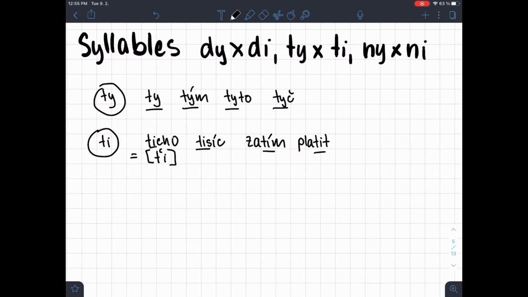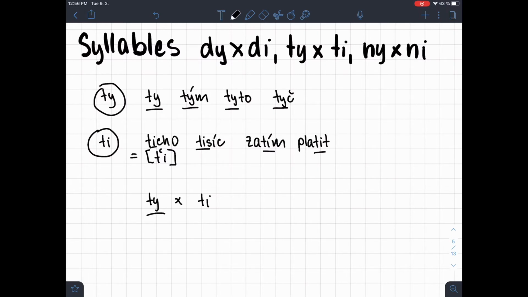And as well as with the pairs di and di, there are some pairs, couple words that just differentiate with these syllables inside. So we have ty and ti. So the ty with the hard one, it's the you as personal pronoun, singular.